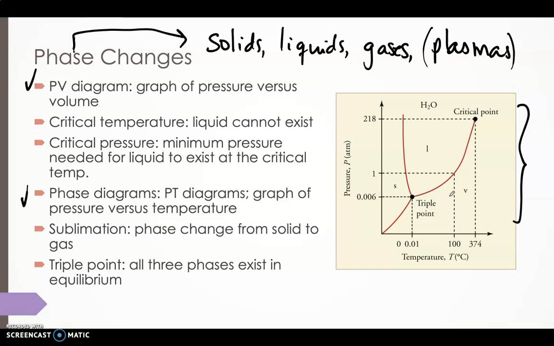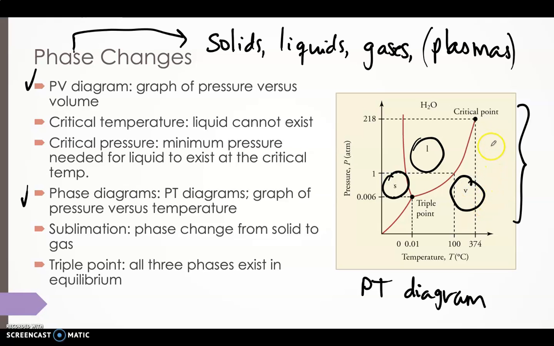Okay, so looking at this diagram here, or this graph, this is going to be a PT diagram. Okay. We have these different areas at which these substances are at these different phases. So you can see there's a liquid phase, there's a solid phase, and a vapor phase or gas.